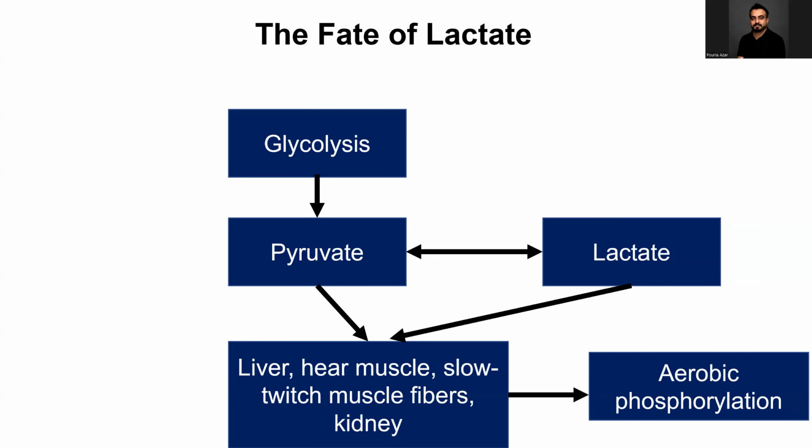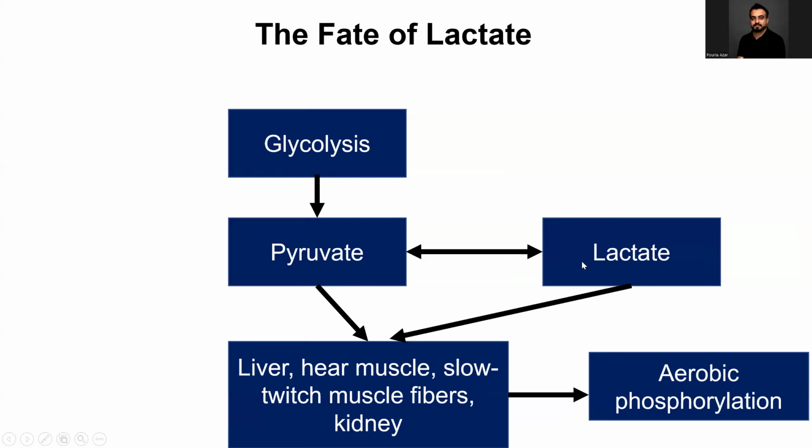And this pyruvate can be converted to lactate. And also lactate can be converted to pyruvate. So this is a two-way reaction. It can happen from pyruvate to lactate and from lactate to pyruvate.